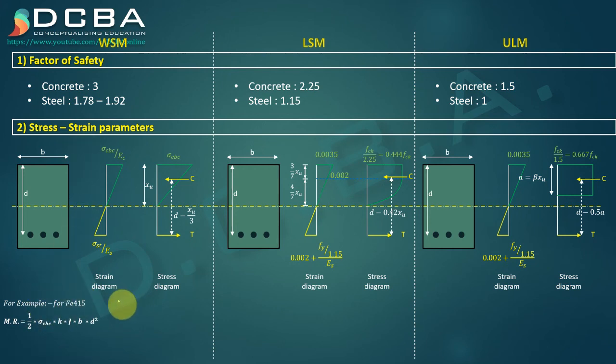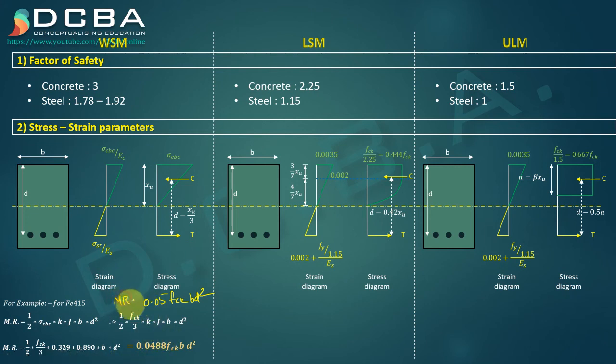And sigma CVC, I will take FCK by 3. It's approximately equal to FCK by 3. Correct? And these are the values of K and J. So if I solve this, what I get is 0.0488 FCK BD square, or I can even say that 0.05 FCK BD square.